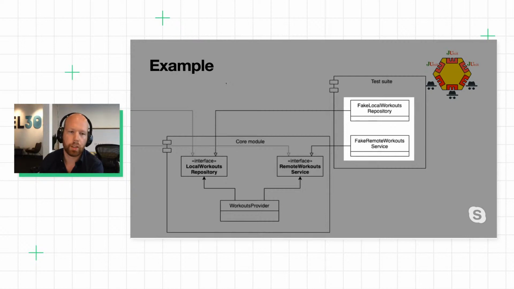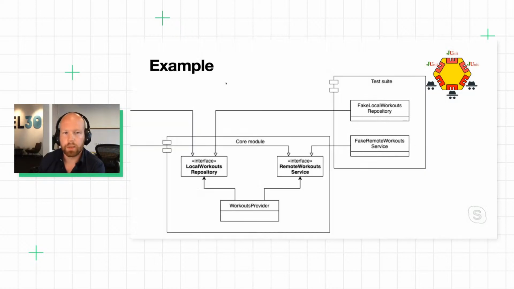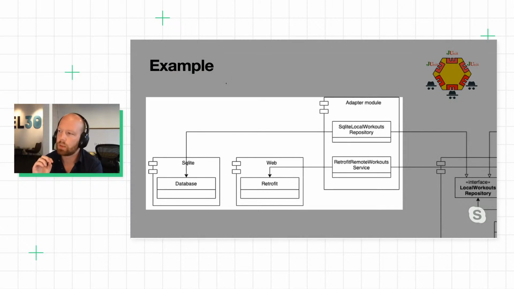If we also want to implement this in production code, because that's obviously something you want to do, you can create these secondary adapter classes that are basically bridges between your actual database or your server, and call these methods directly.